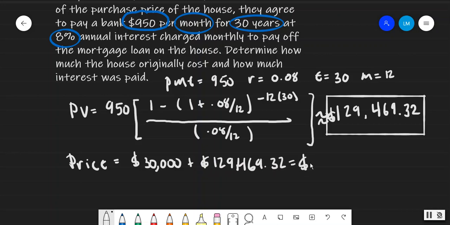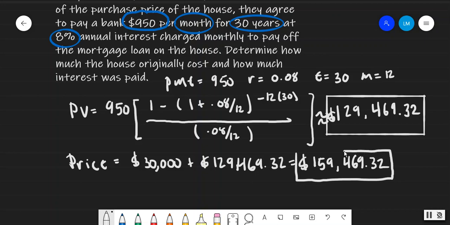So the purchase price was 159,469.32. Now, that's not a bad price when you think about it, especially right now, given that interest rates are very low. So this is actually not really a bad price.